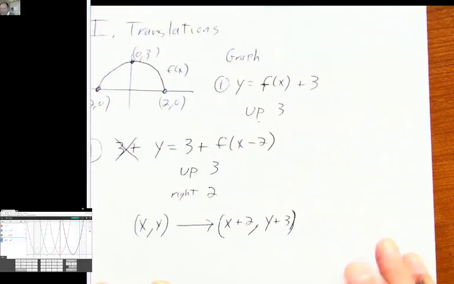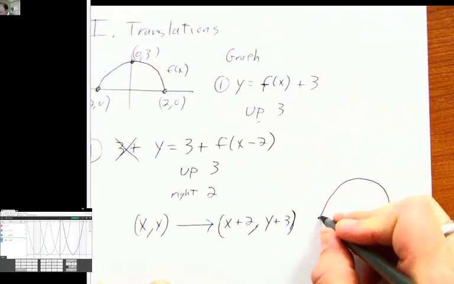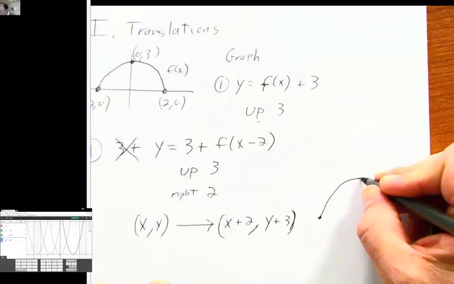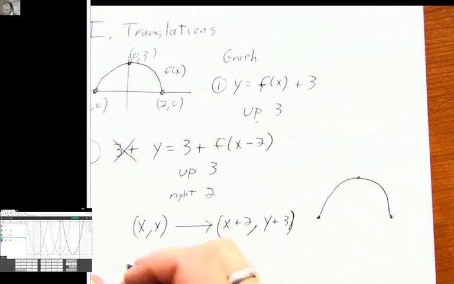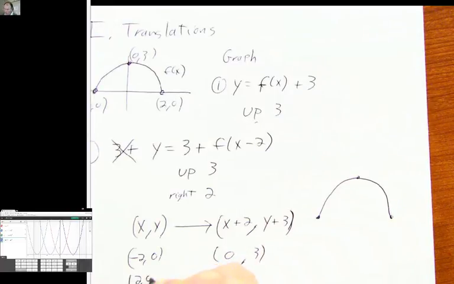So I know that this graph is going to look exactly the same as it always did with these 3 key points. And these 3 key points, I have negative 2, 0. If I add 2 to the x coordinate, it would become 0. The y coordinate would become 3. The point 2, 0 would become 4, 3.